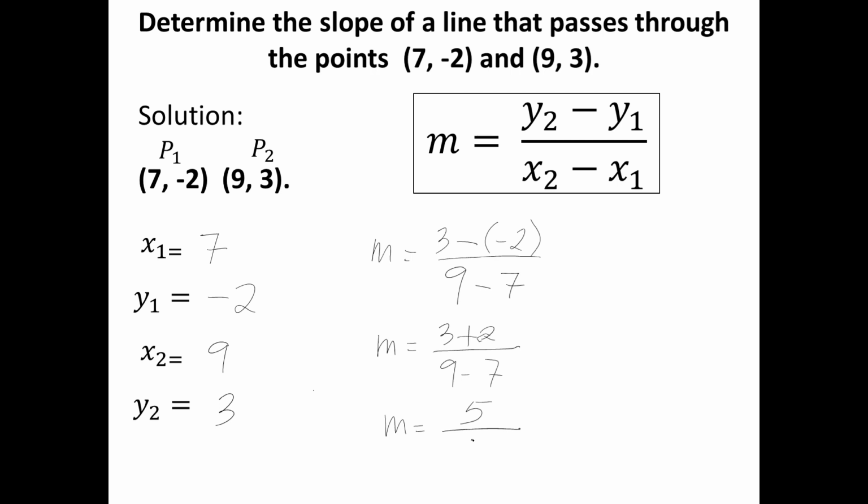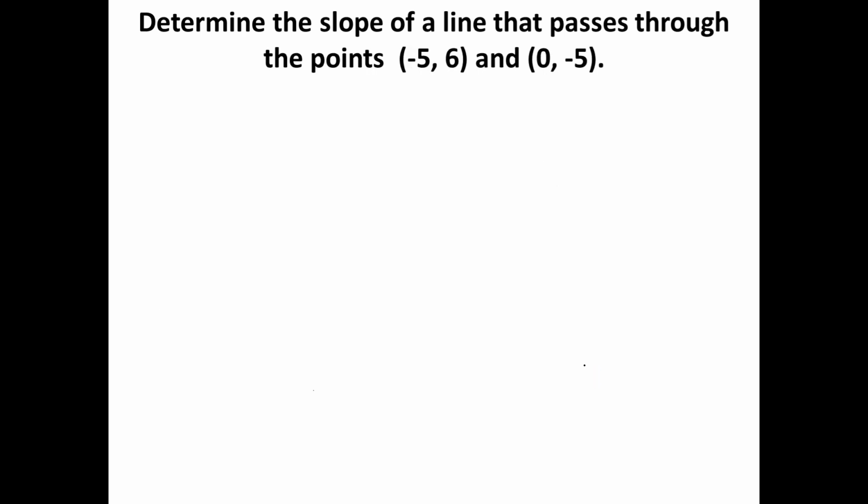Then 9 minus 7. So the slope is 3 plus 2, which is 5, over 9 minus 7, which is 2. So our slope is m equal to 5 over 2.